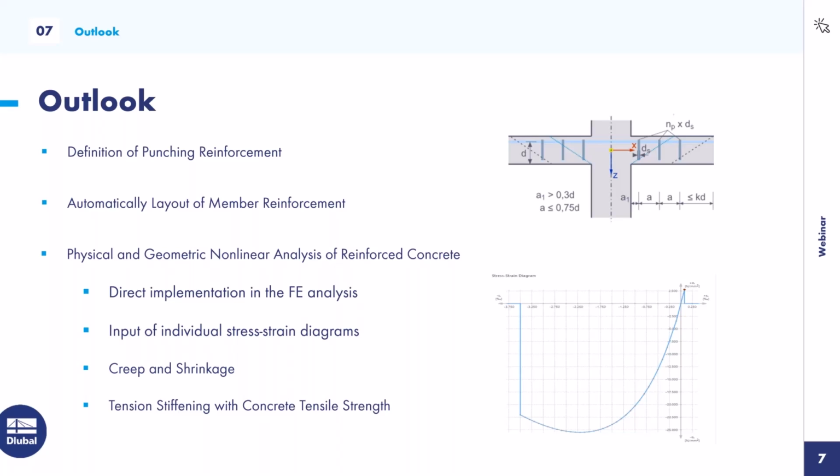To summarize, with this new development of the nonlinear reinforced concrete analysis, it will really be possible to design structures in the future in RFEM 6, which was not possible in RFEM 5. So this will really be a big topic, and we're looking forward to releasing it this year.